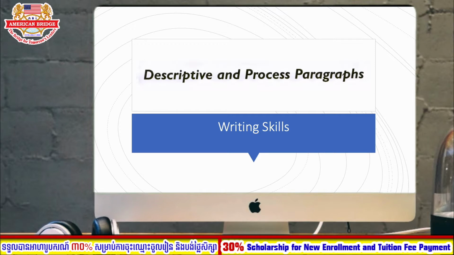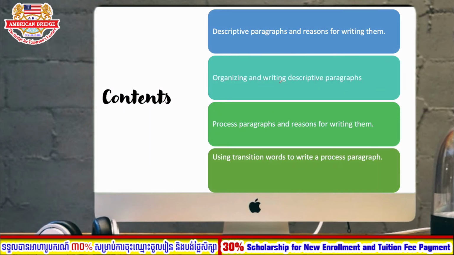We have many different types of paragraph, but in this video we focus on only the two main types, which are the descriptive and the process. So what are these types of paragraph and what should you do with them? Now let's look at the contents of this video.